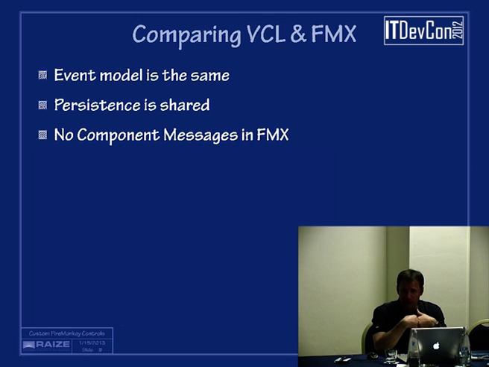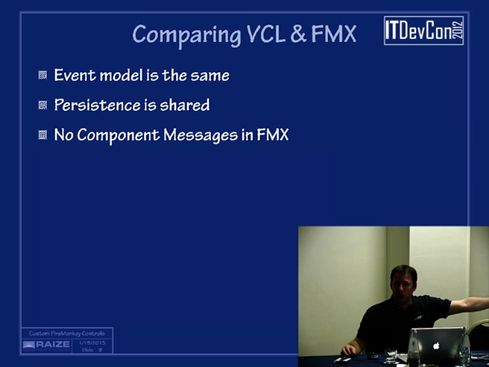Well, if you are in a descendant class, a label for example, your control might want to know that the caption was changed. If you've got an auto size property, for example, and the caption changes, I may have to change the size of the control appropriately. The VCL accomplishes all of that through component messages. So your descendant classes would listen for these special component messages in order to respond to them. They don't exist in FireMonkey.